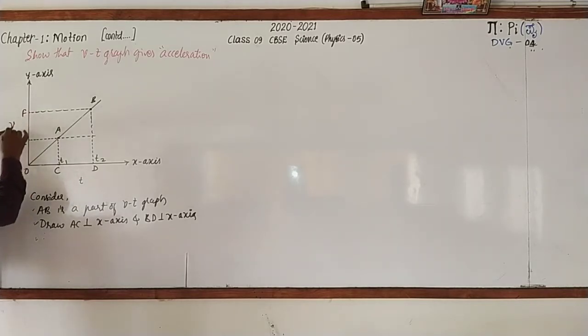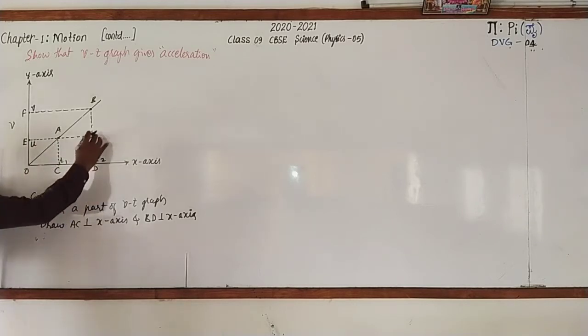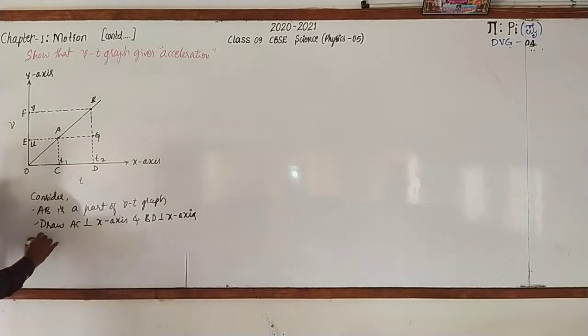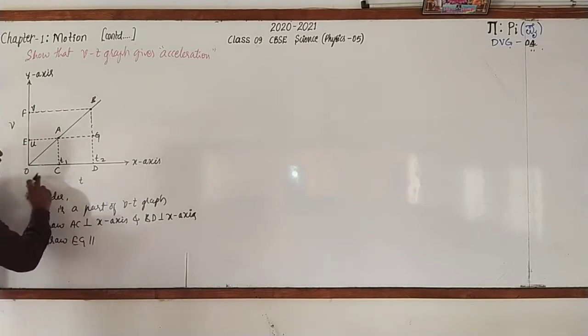These two will intersect the y-axis at points, call this E and this F. And here V is there. I call the point E the initial velocity and F the final velocity. Got it? Okay, now here I will write. I call this point G. Let me draw EG parallel to x-axis.